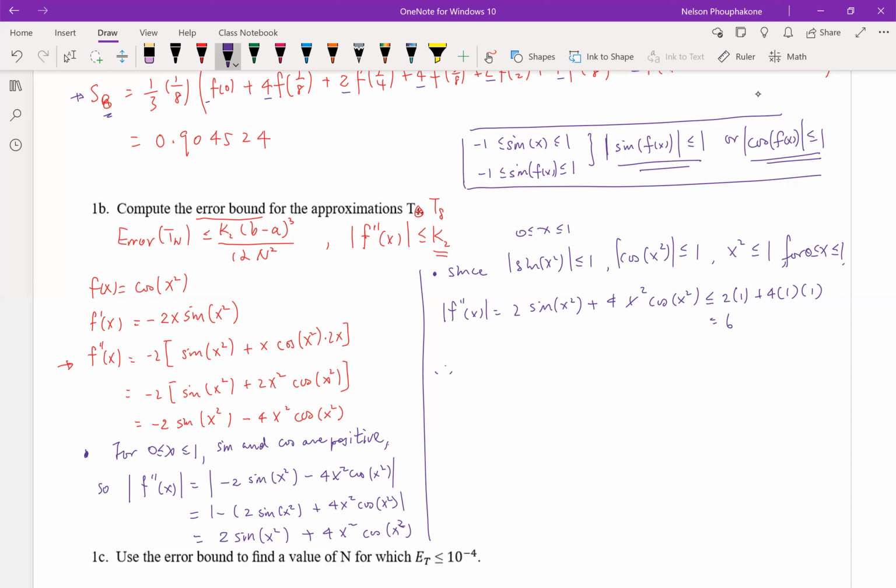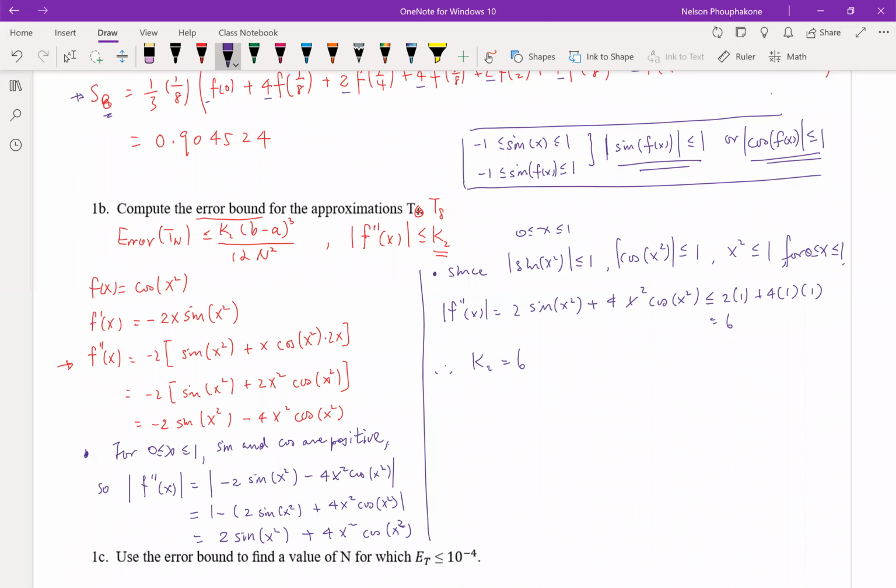Therefore, in this case, we find out that K sub 2 must be 6 then. Okay, so once we find out what K sub 2 is, then we could actually evaluate the error bound.